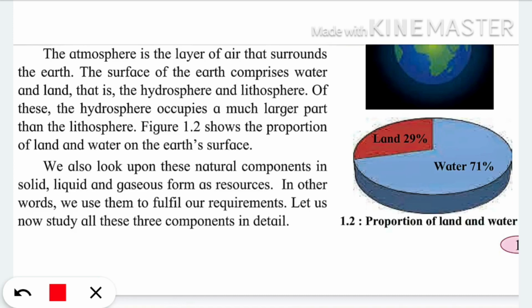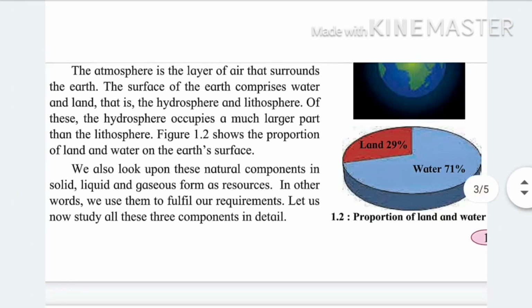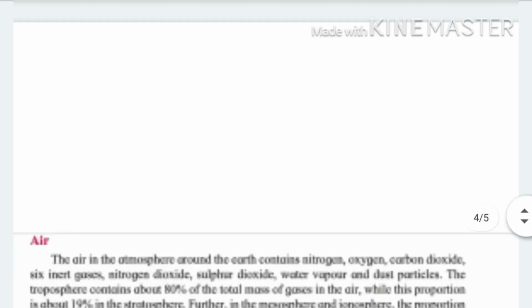These words are new for you: hydrosphere, lithosphere, atmosphere, but you have to remember these words properly. You can see here that the percentage of water on the whole earth is more than the percentage of land. Water is 71% and land is 29%, as you can see in the picture.